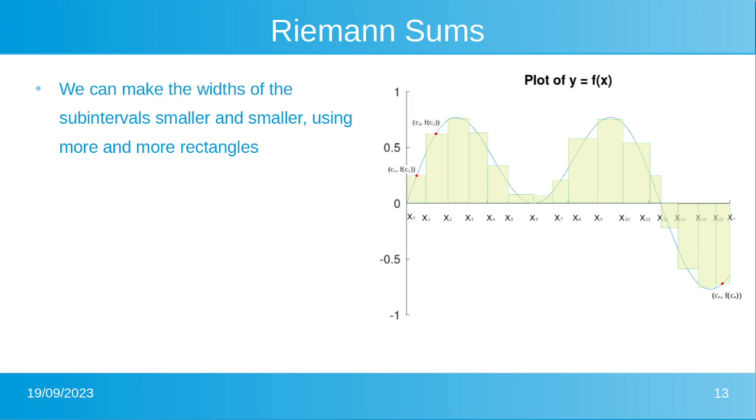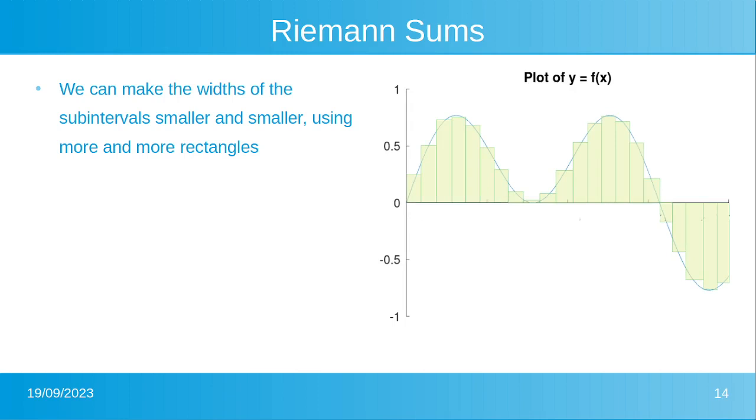But what we're going to do now is make the lengths of those subintervals smaller, and use a larger number of rectangles. And as we do this, watch how the rectangles approximate the region between the curve and the x-axis. So we're going to change that partition now.